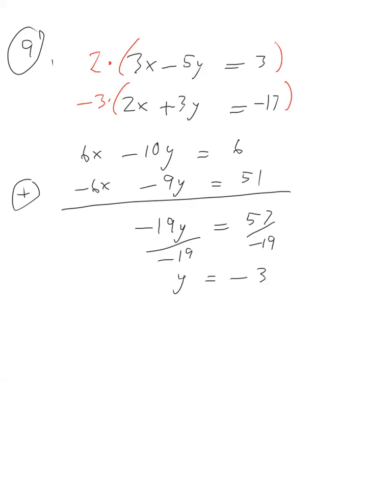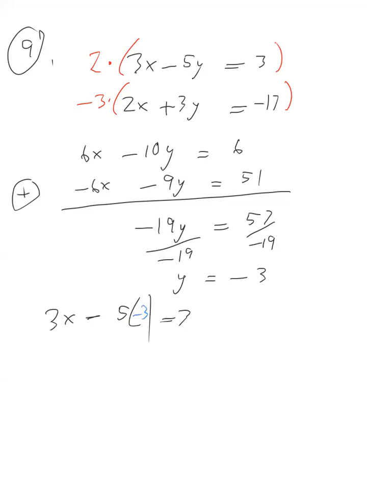Now to find x, it's best to just substitute the y into the easiest equation that you can find. And I think the easiest equation to do that would be the very first equation that I had, which is 3x minus 5y equals 3. So I'll take the y equals negative 3, I'll erase this y, and I'll substitute that value of negative 3 in the place of the y.